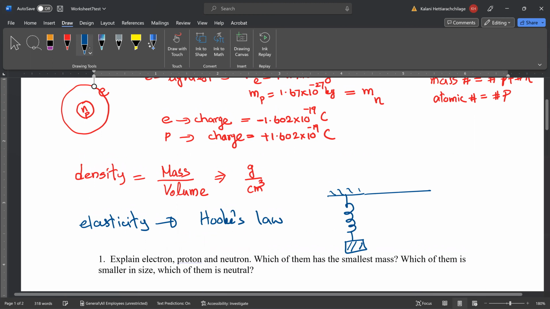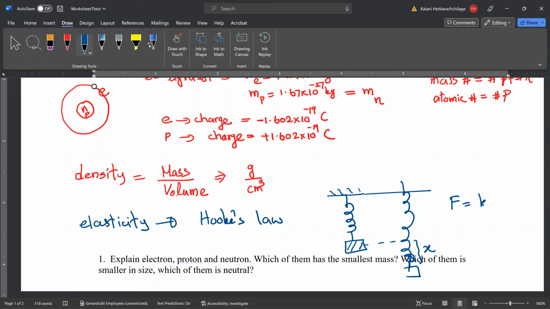But if I keep adding mass, then this spring is going to be stretched, and you have a distance x displaced. Then there is a force acting on the spring, which is the spring constant times the displacement.